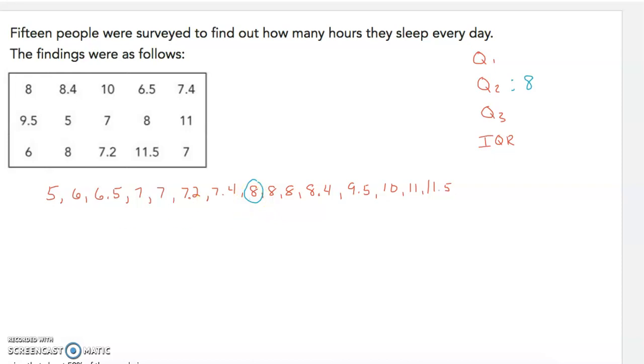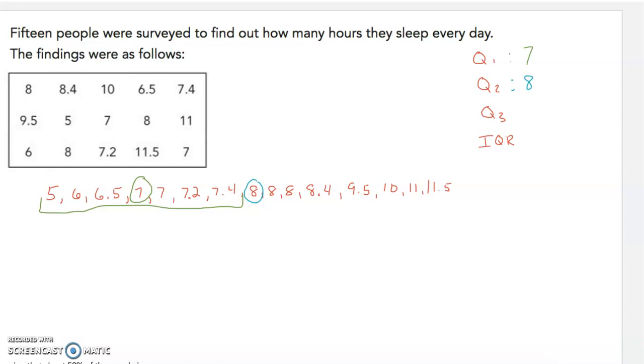Now if you remember, Q1 is the median of the lower half. So over here we have 7 numbers. 1, 2, 3, 4, 5, 6, 7. So to find quartile 1, the median here, that's going to be this 7 right here. All right, so Q1 is 7.